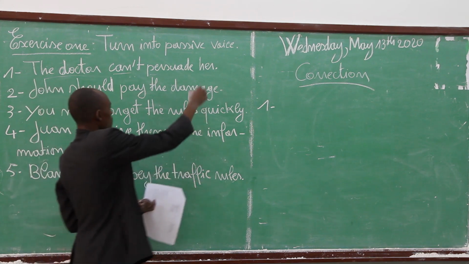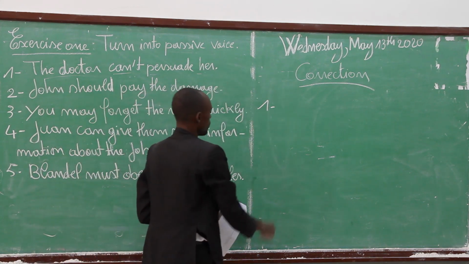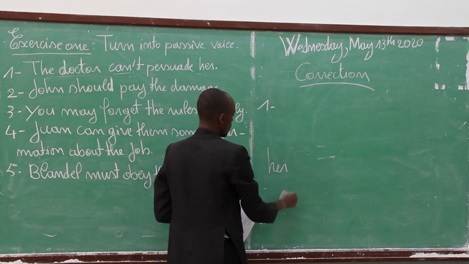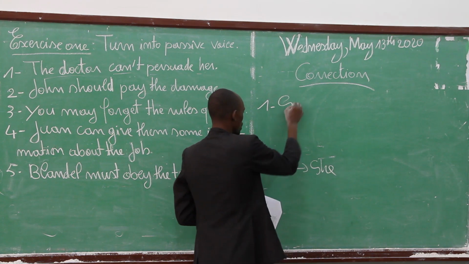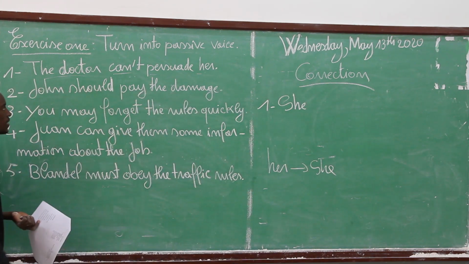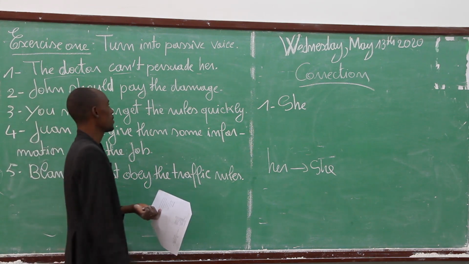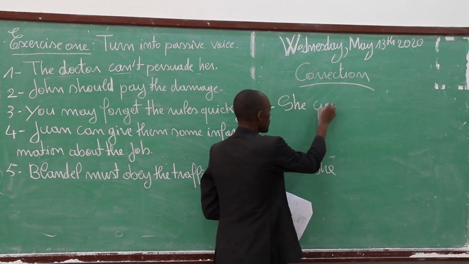And here we have the object, her. Her in passive voice becomes she. And here we have she. And after the subject, we take the modal verb in negative form, she can't.